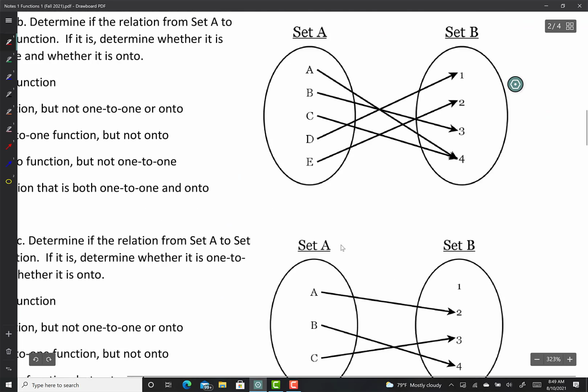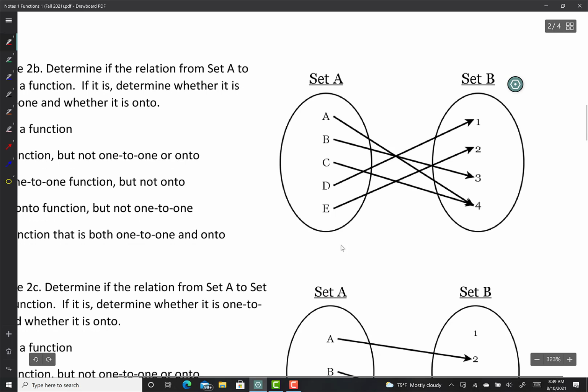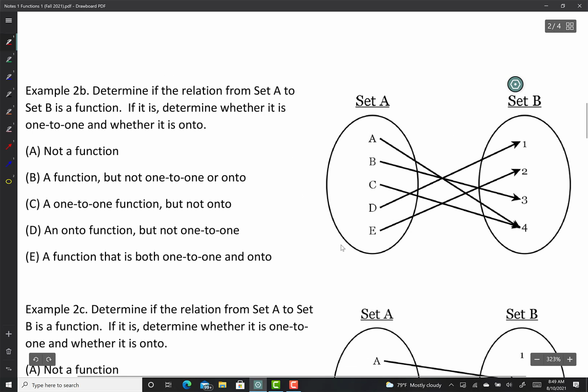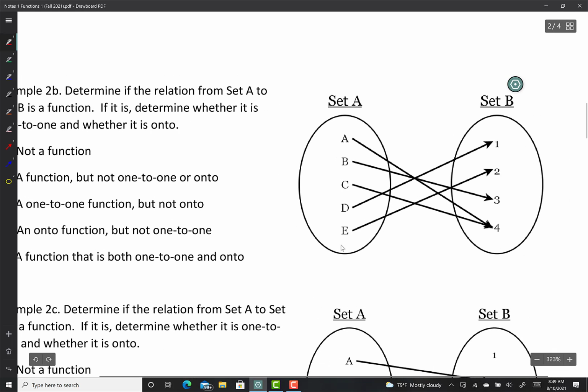All right, so again, it's the same question over and over, so there's no reason to read the example again. So I'm looking at set B. It is onto. Every single element is being used. It is not one-to-one because I see that number 4 has several arrows going onto it. So I'm going to put not one-to-one.